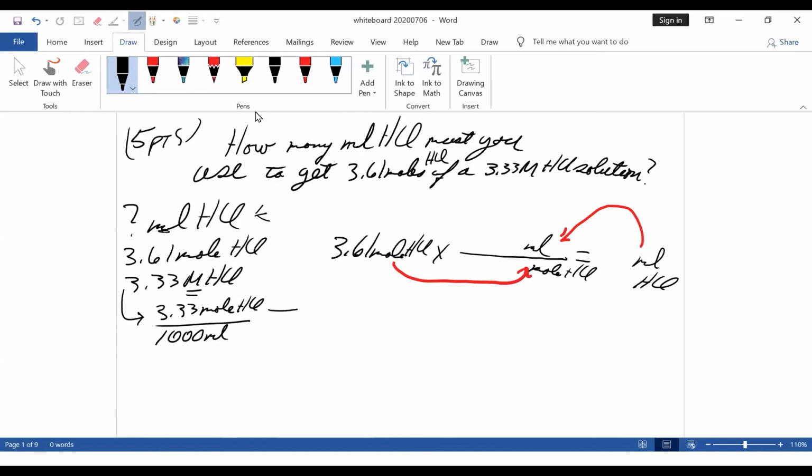And where do we get those numbers? Right here. For every 1,000 milliliters, there's 3.33 moles of HCl. And before I pick up my calculator, notice moles divided by moles cancel out, because anything divided by itself is number one. I'm left with the correct units, and therefore I can now pick up my calculator.